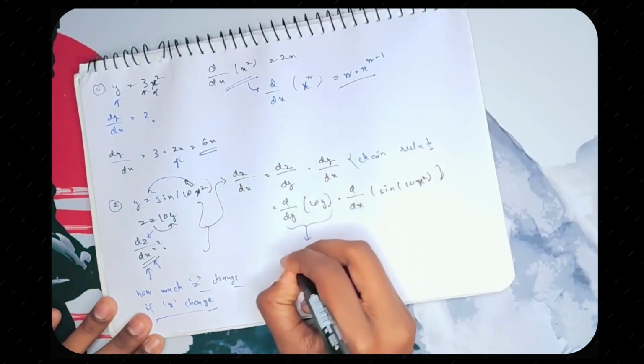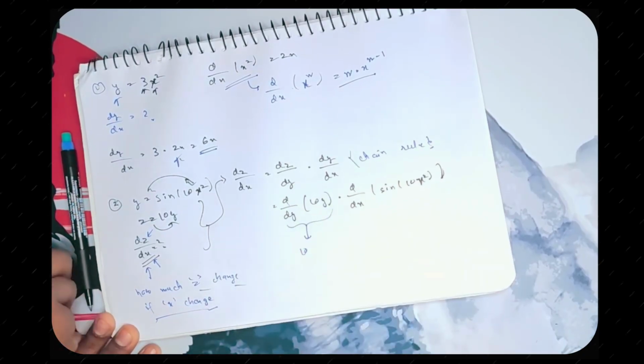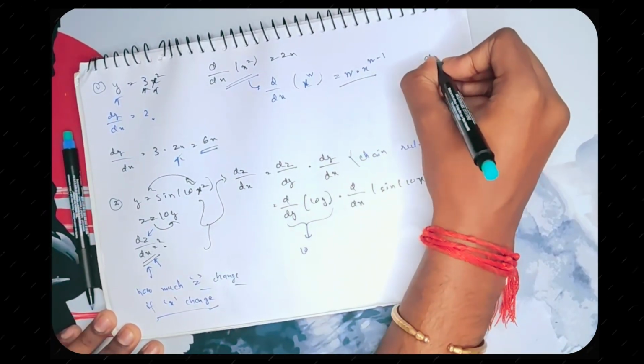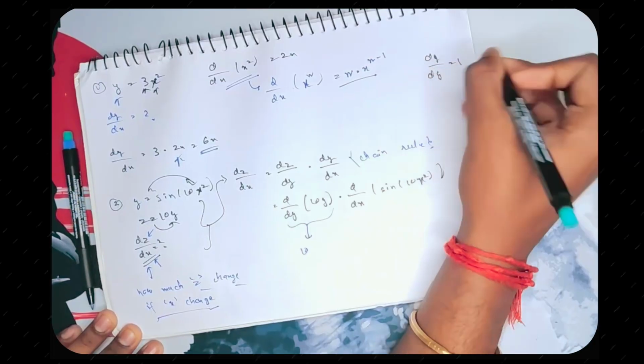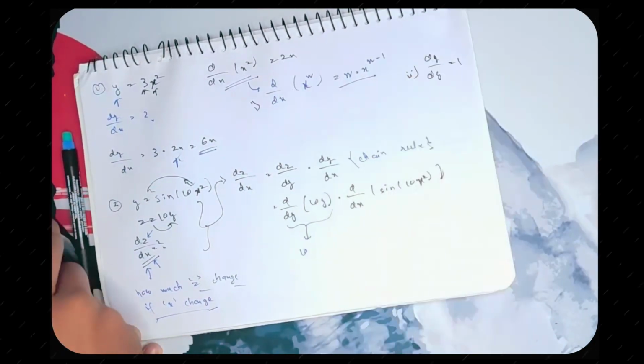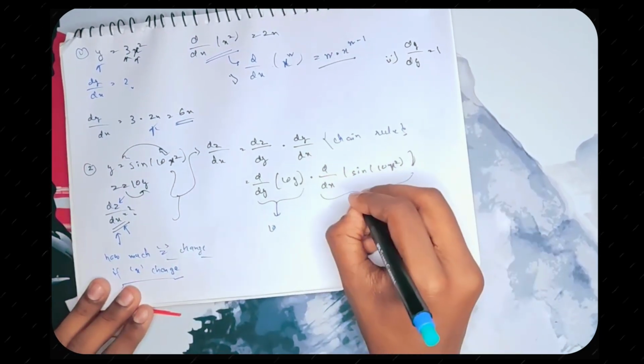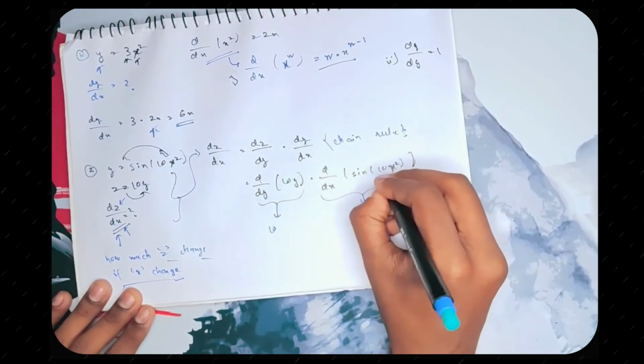Now this will be nothing but 10, because it's a constant and it will come out, and dy by dy is equal to 1. So this is the first formula we use. This is the second formula we are using. And next, the derivative of this. So sine of, you can consider it as x.